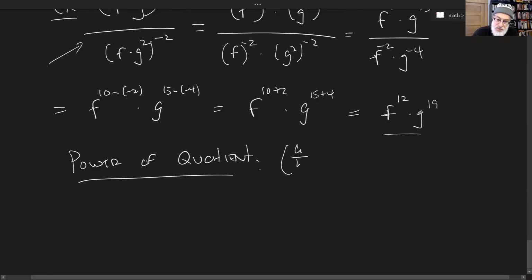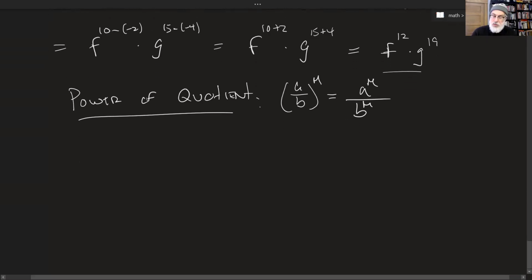So I have a fraction raised to the power of m, that I can take the power to each individual base. So let's look at an example, and then we'll look at why that's true. So I have x over y squared will be the same as x squared over y squared by this rule.